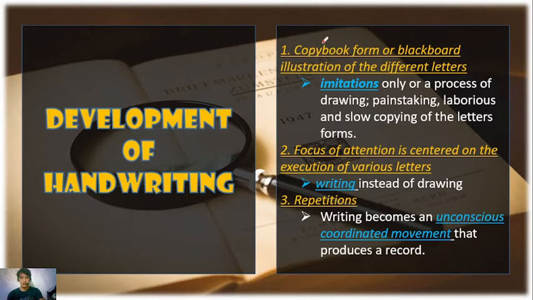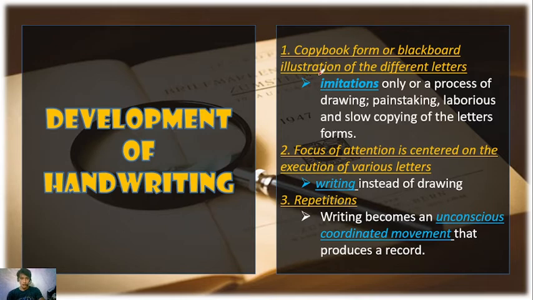Simply, we can refer to these as the alphabets that we have during our childhood days. In the first stage here, it is more on looking at those copybook forms or blackboard illustrations that were being shown by our teachers.